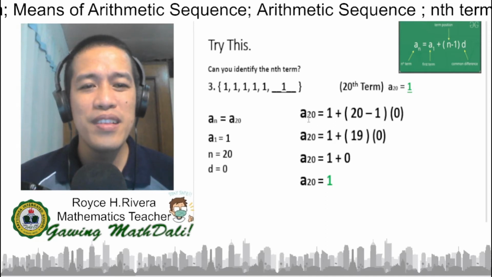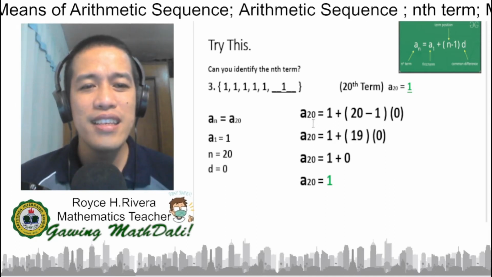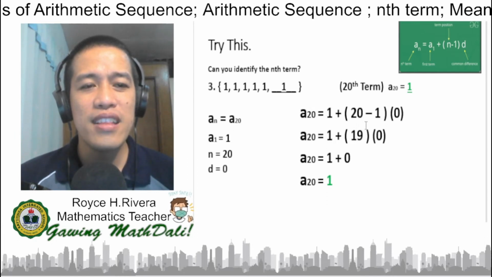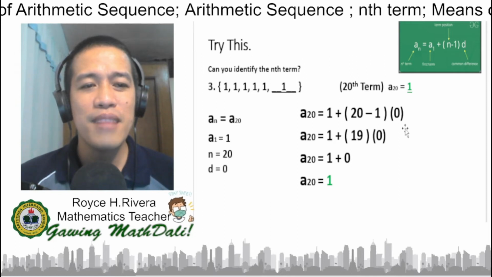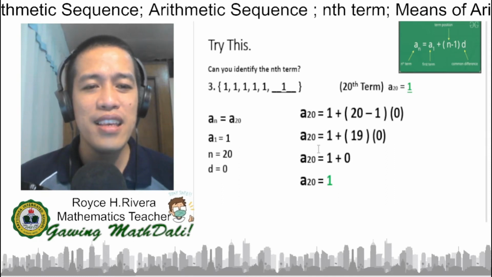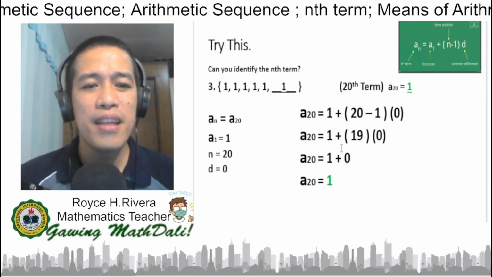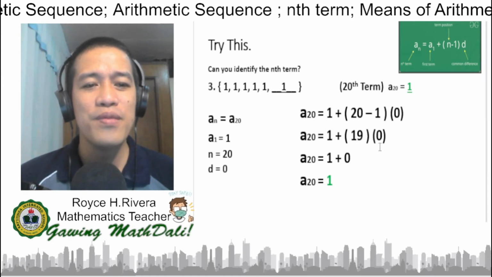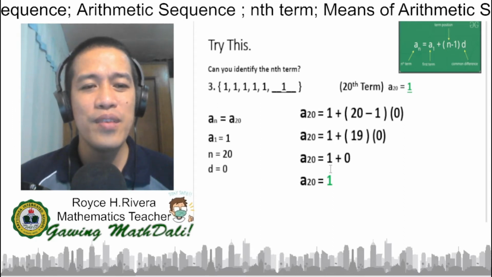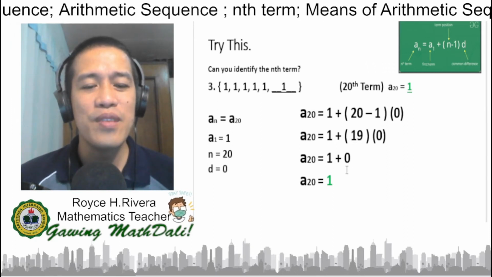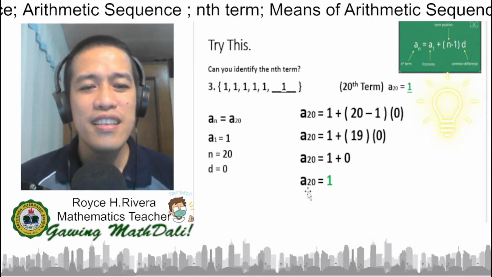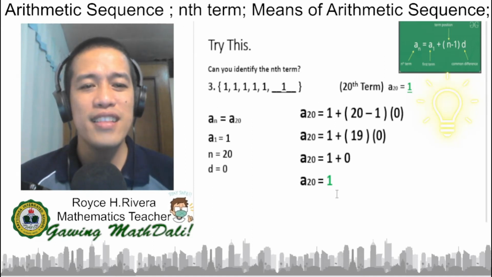By substitution, a sub 20 is equal to 1 plus the quantity 20 minus 1 times 0. Second line will be a sub 20 is equal to 1 plus 19 times 0. Third line is a sub 20 equals 1 plus 0. Then, finally, the 20th term is 1.